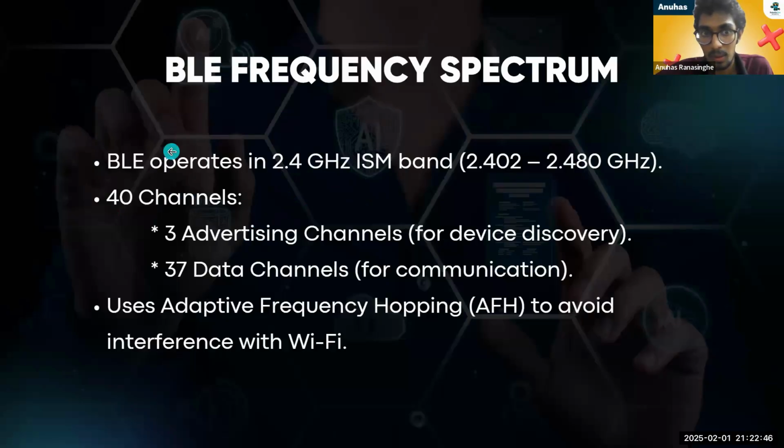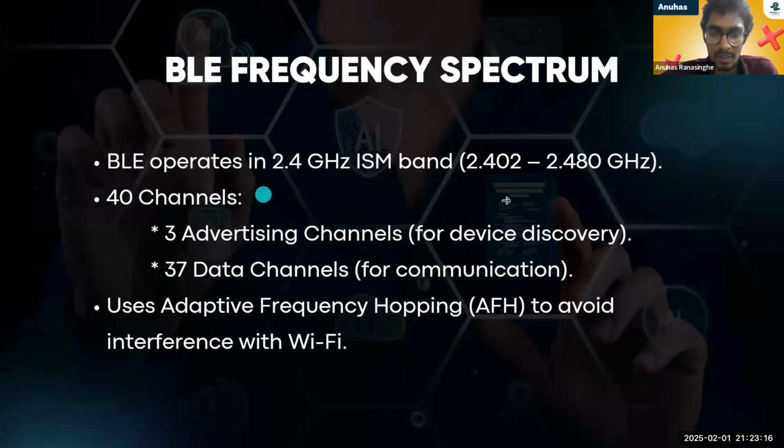For BLE, there are 40 channels: 3 channels for advertising and 37 other channels for data communication. I will explain what advertising is in the upcoming slides. For Bluetooth Classic, there are about 79 channels used for data transmission.